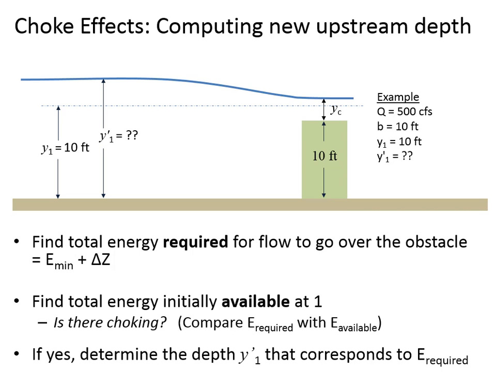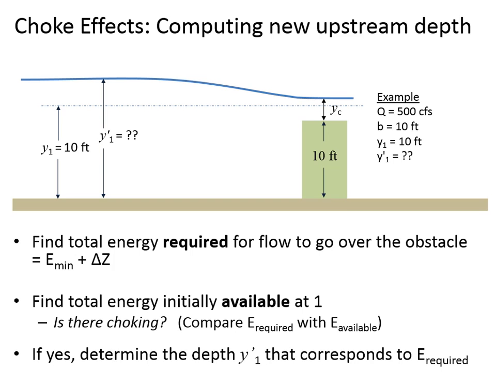All right. Yes, this is a rectangular channel. Okay, so we've got Q is 500 cubic feet per second, and the channel width is 10 feet.